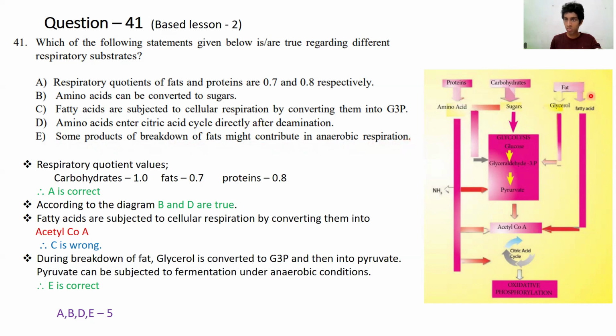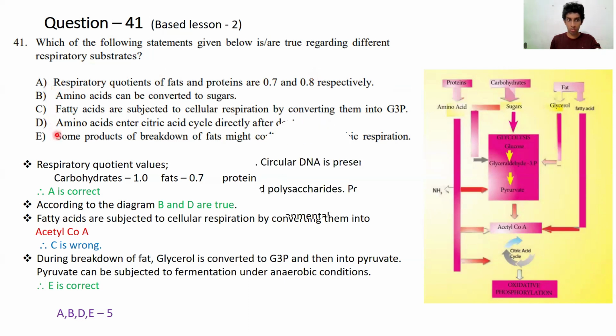So as in the diagram, you can see during breakdown of fat, glycerol is converted to G3P and then into pyruvate. So pyruvate can be subjected to fermentation under anaerobic conditions. So some products of breakdown of fats might contribute in anaerobic respiration. So E is also correct. So the correct statements are A, B, D, and E. So the answer is 5.